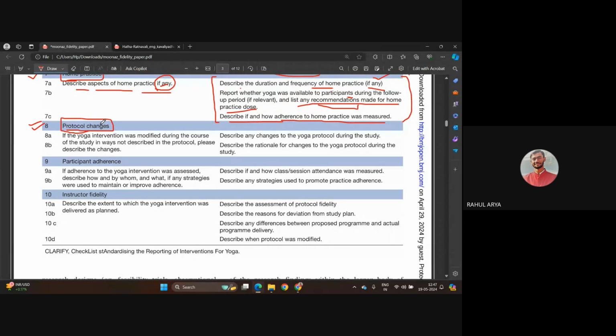So it depends on the situations. If because of any reason you change the protocol, you have to describe clearly which kind of changes you did, and describe the rationale for the changes. Why only this change? Why not others? That has to be described properly.